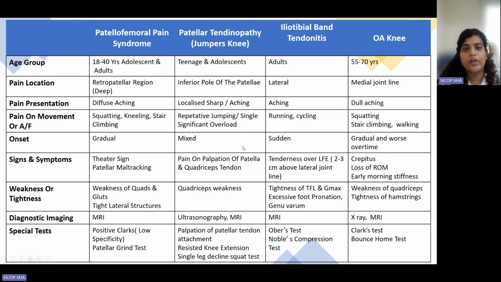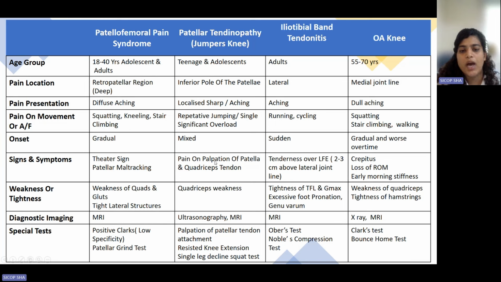The main difference is that in patellar tendinopathy, the pain might be gradually increasing or it might be sudden. The patient complains of pain after repetitive jumping or repetitive load on the joint, right?